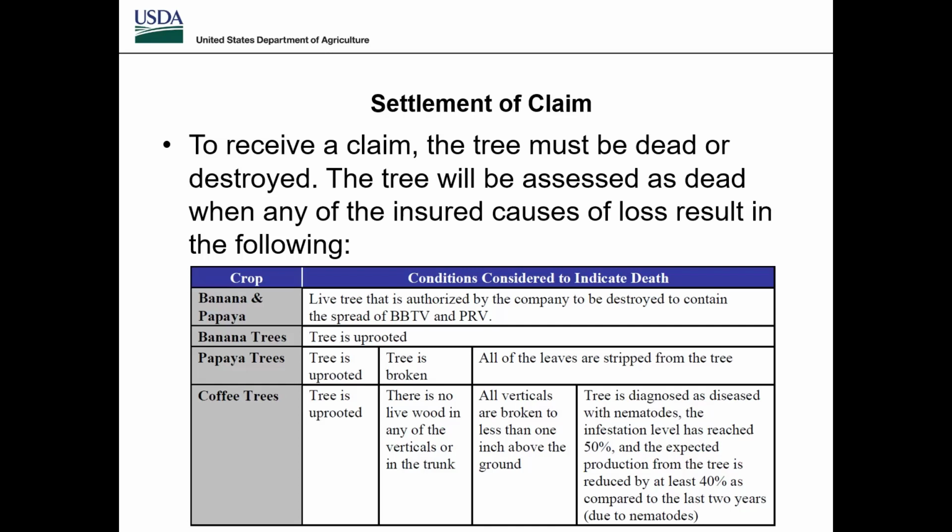For coffee trees, if the tree is uprooted, if there is no live wood in any of the verticals or in the trunk, if all the verticals are broken to less than 1 inch above the ground, or if the tree is diagnosed as diseased with nematodes, the infestation level has reached 50%, and the expected production from the tree is reduced by at least 40% as compared to the last 2 years. So if any of these conditions are met, the trees will be considered to be dead and an indemnity payment may be paid.